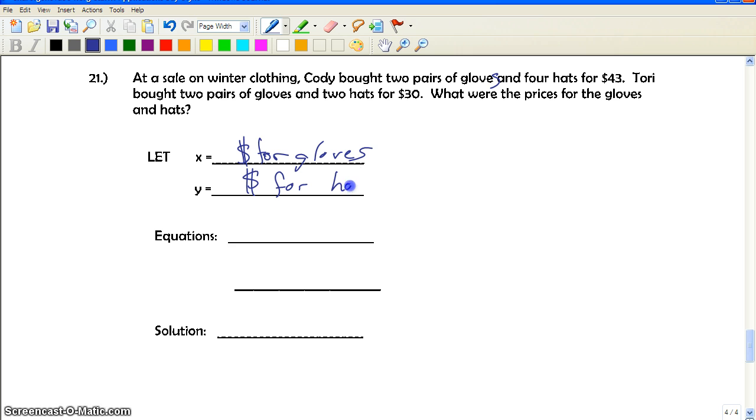You got 2 pairs of gloves, 2x, plus 4 hats, 4y, is going to be 43 bucks, because that's the amount of money that Cody spent. The next one is going to be all about the amount of money that Tori spent. 2 pairs of gloves plus 2 hats is $30.